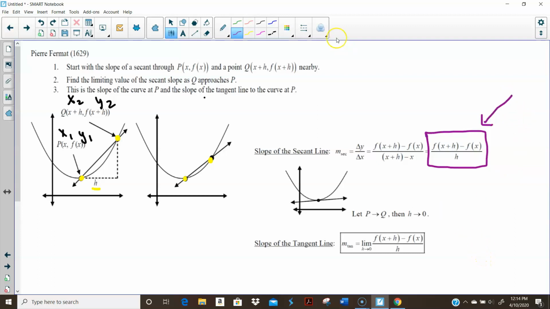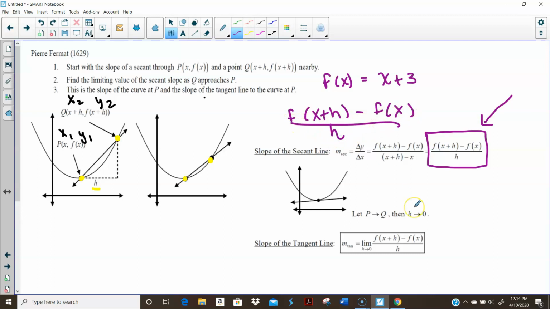You remember that we've done: if f of x is equal to x plus 3, find f of x plus h minus f of x all over h. That's something we've been doing all year. The reason is we have been building up to this point to look at how to find the derivative, or how to differentiate.